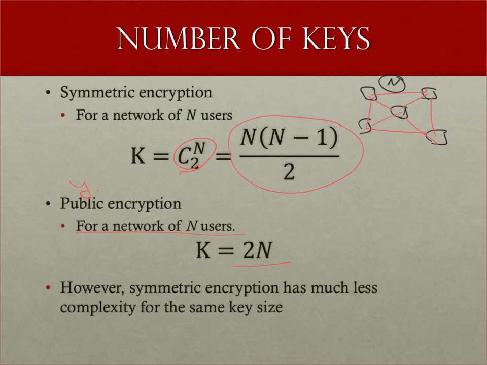So in that case, it's not per session. This is the fundamental difference between the two. I have a private key, I hold it, and I have a public key which I give to all, regardless of who wants to communicate with whom.